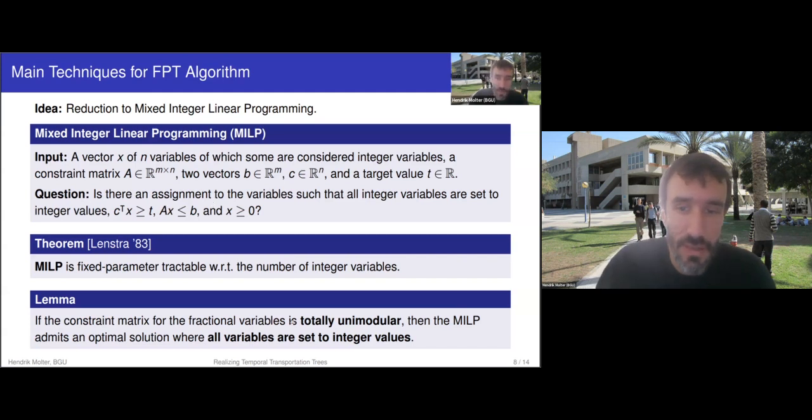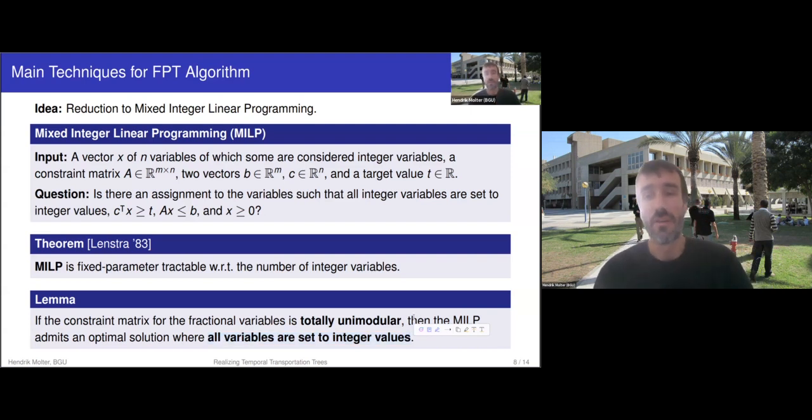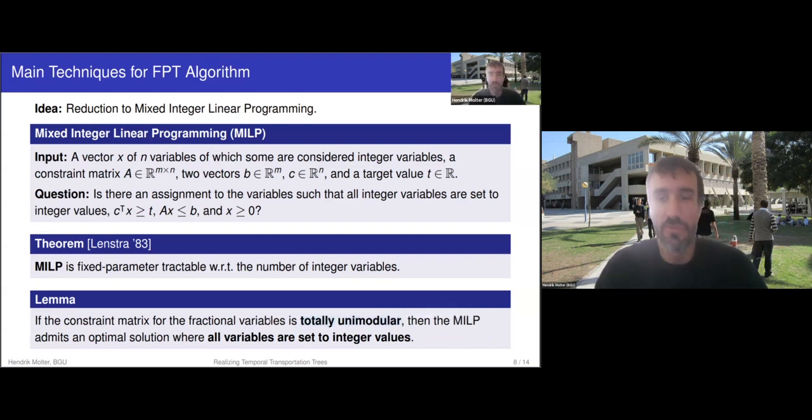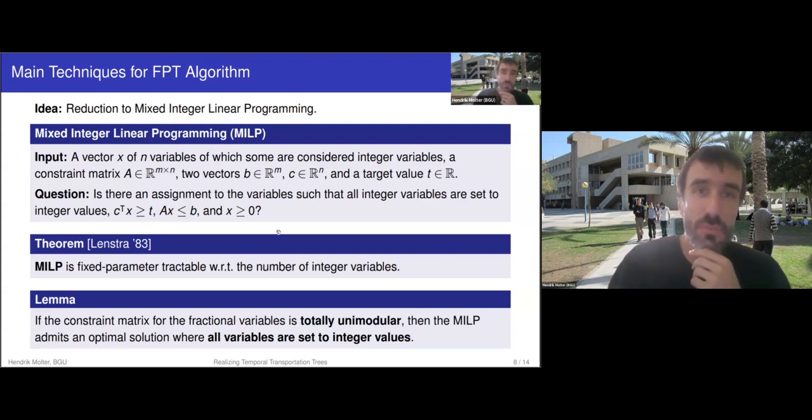And if the remaining constraint matrix is totally unimodular, then the MILP admits an optimal solution where all variables are set to integer values, not only the integer variables. And I don't want to define what that means because we are going to use later some sufficient condition for total unimodularity and not prove this explicitly.